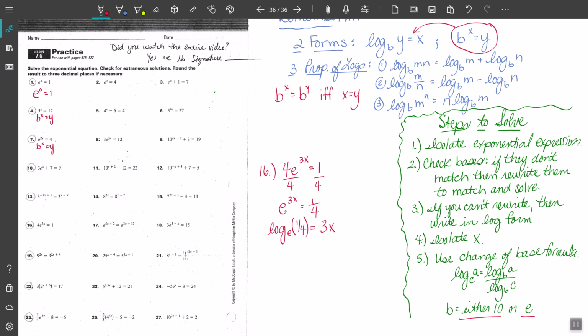Again, if you're having trouble doing that, take the b to the x equals y form and stick it underneath this problem and just follow along with your values from there. We have a log base e, so in order to put this into the calculator, we're going to have to rename that ln. So it'll be ln 1/4, and then we need to isolate that x by dividing through by 3. So I'm just going to go ahead and do that.